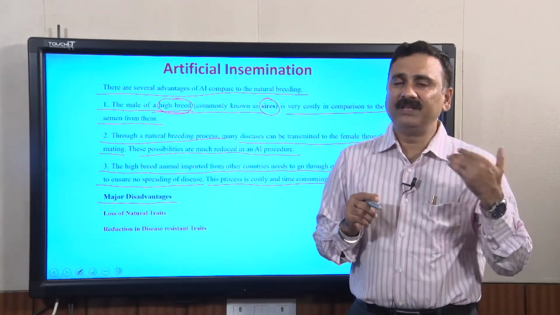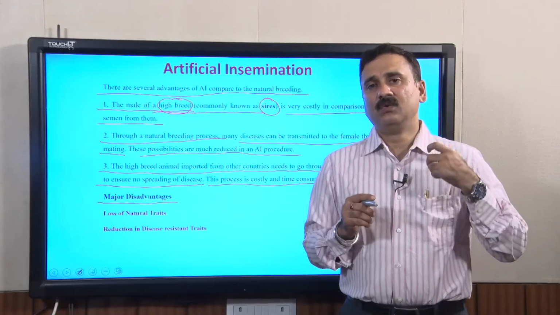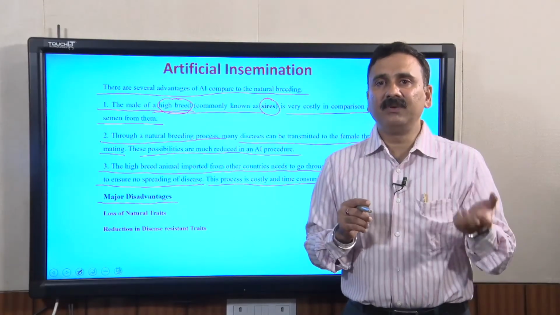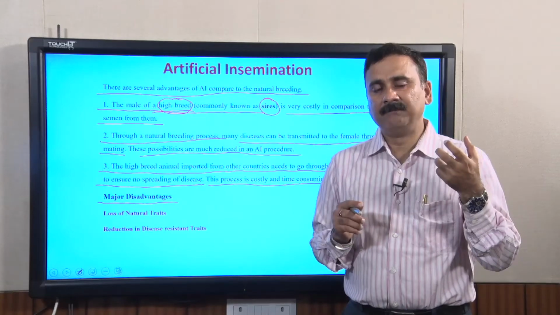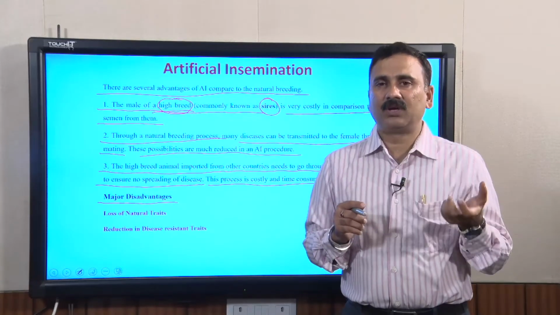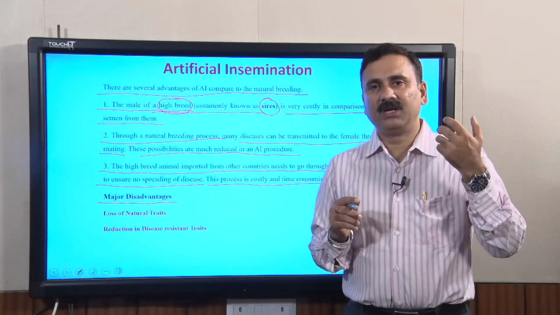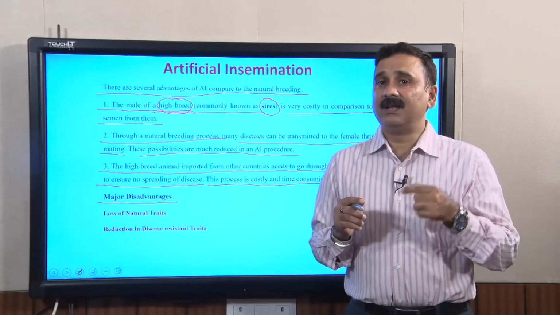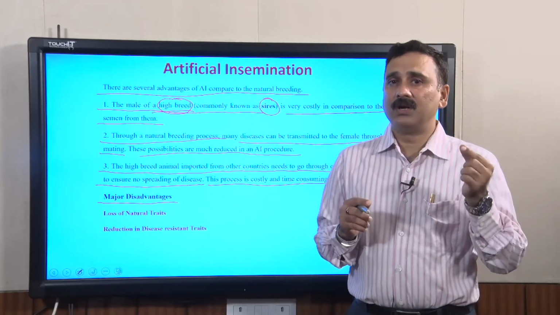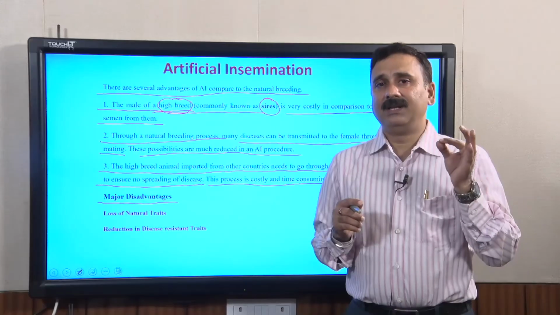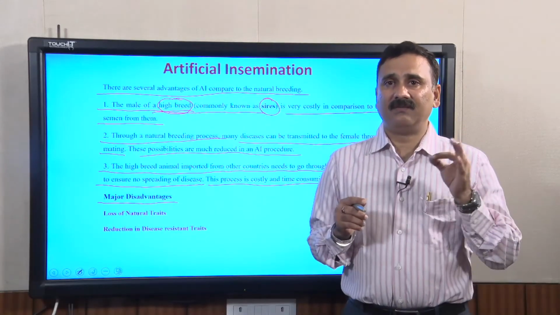So, even if you go with artificial insemination, you will keep getting hybrids which give good milk production, and they might be economically very happy, but these animals may reduce the number of natural breeders present in the vicinity.